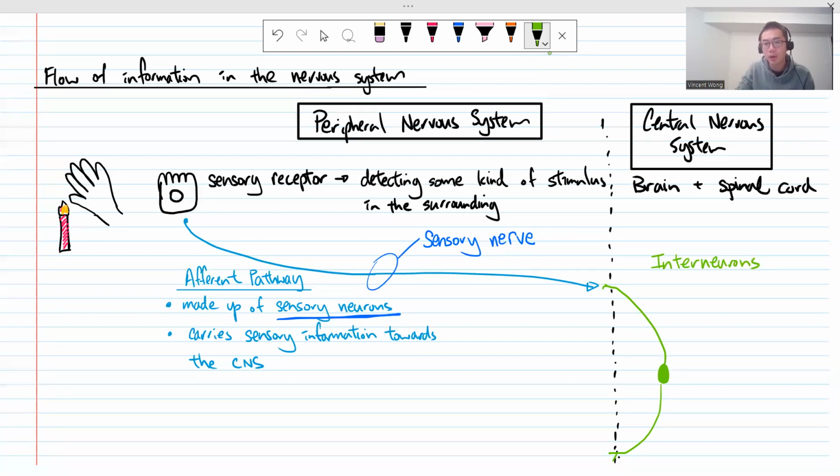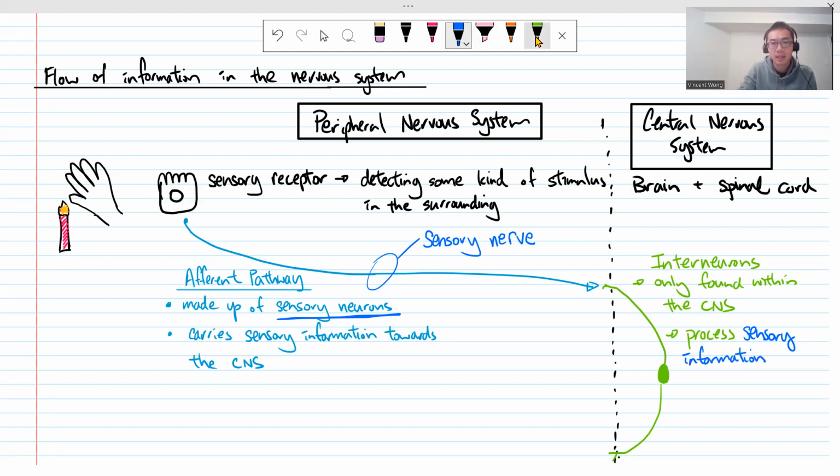The interneurons are only found within the CNS, only in the brain or the spinal cord, and their job is to process sensory information and determine the appropriate motor output.